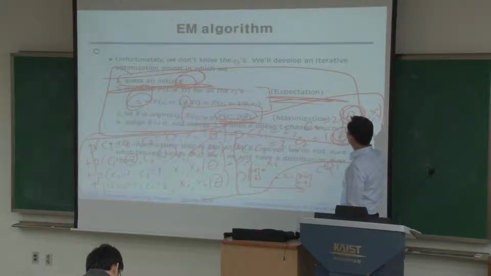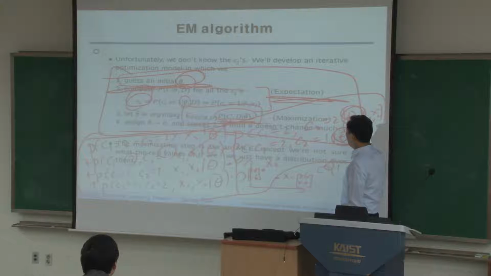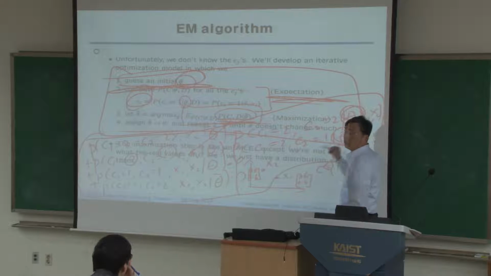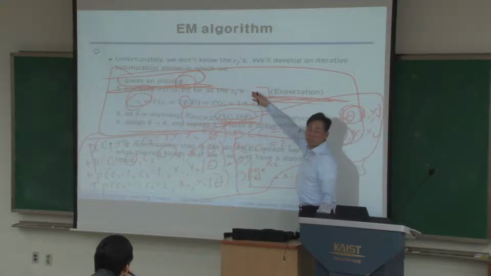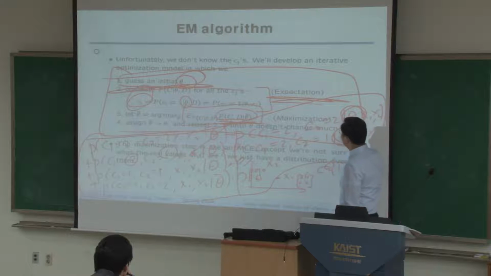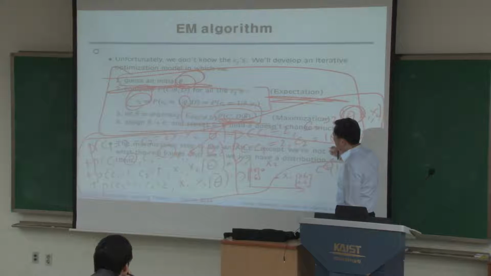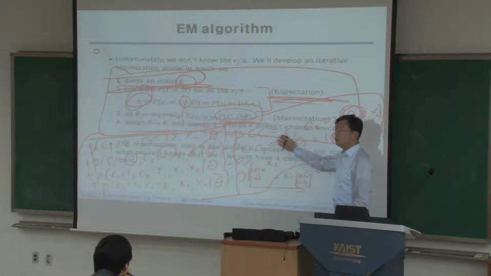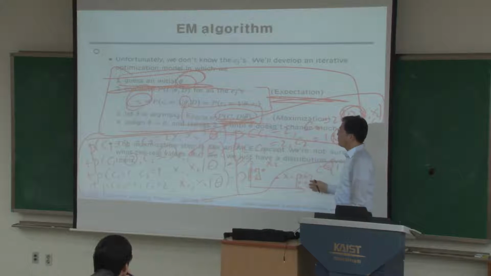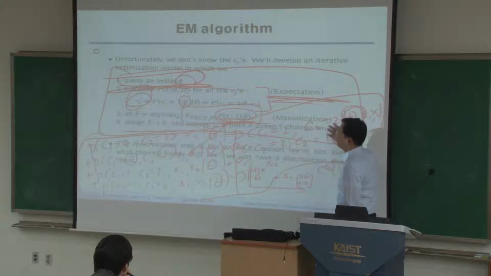This number, given theta here without the bar, is my theta, initial guess. So based on that theta, I could calculate what the probability is. I could calculate that probability.